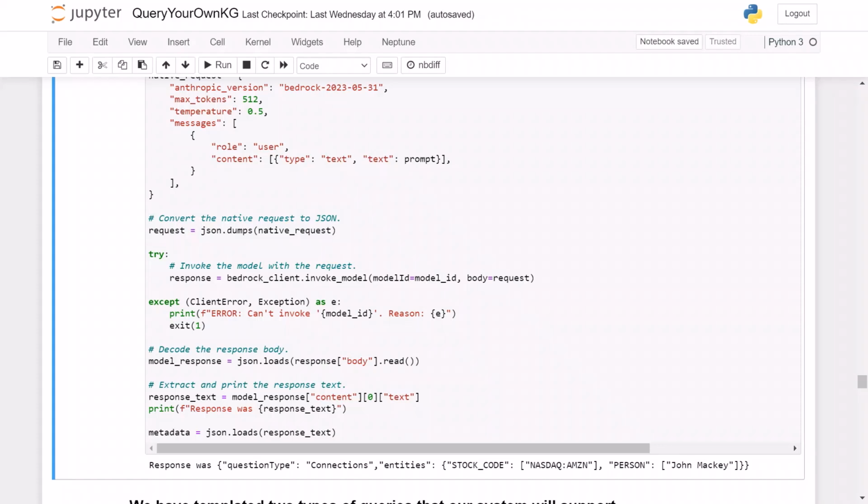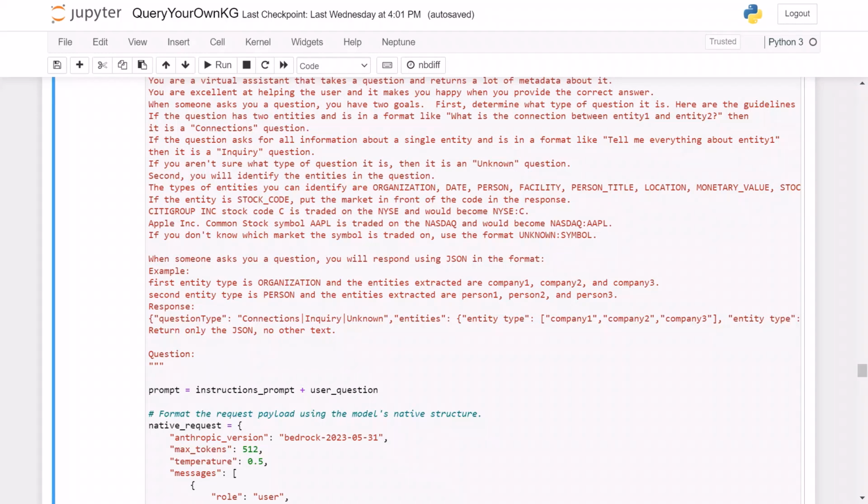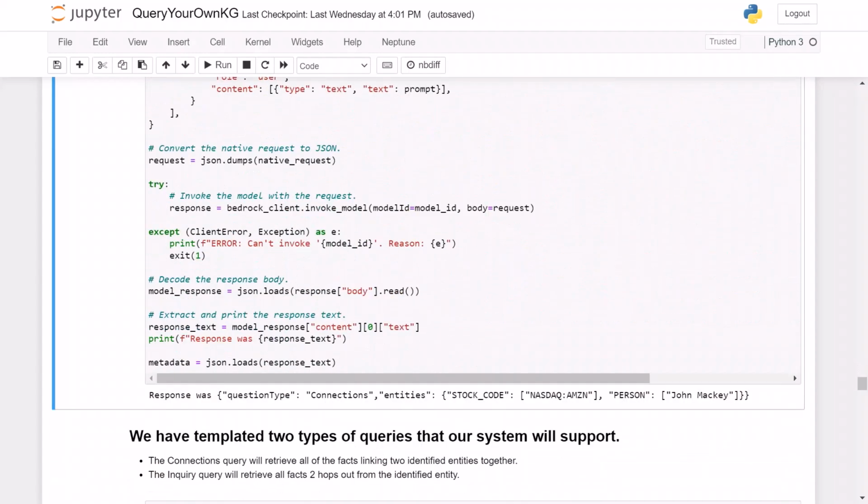There's nowhere in my knowledge graph that says the stock code for Amazon is NASDAQ. The prompt said the stock AMZN, and in my prompts, I gave it examples for New York Stock Exchange and NASDAQ, but for the Amazon stock, it just knew from its training that Amazon was part of NASDAQ, and therefore it inserted that in front of it for us.